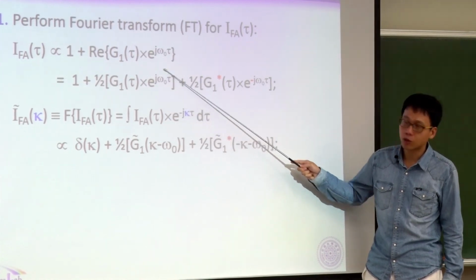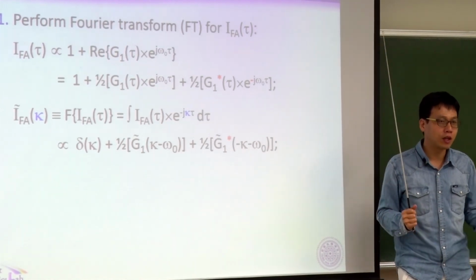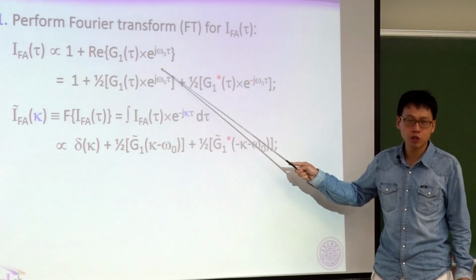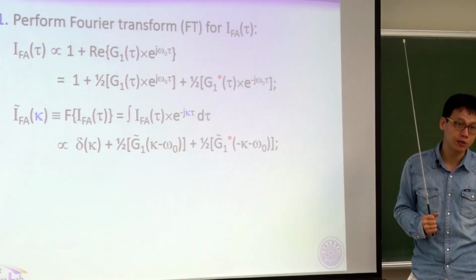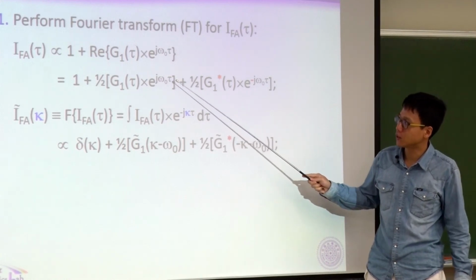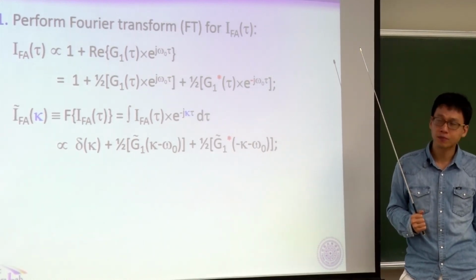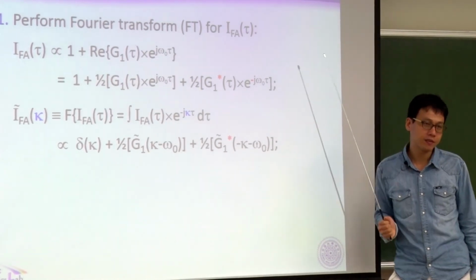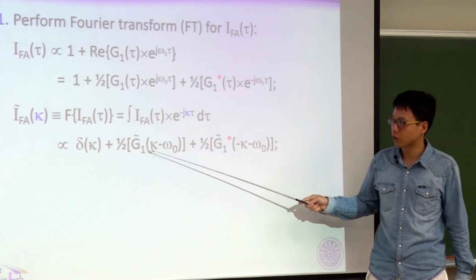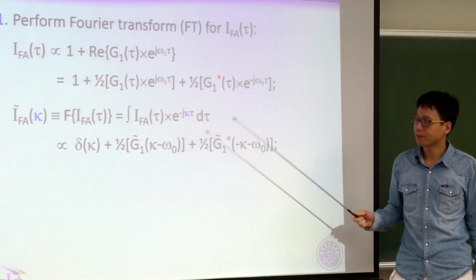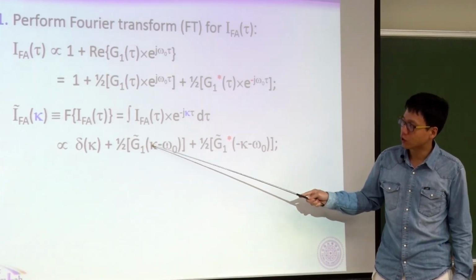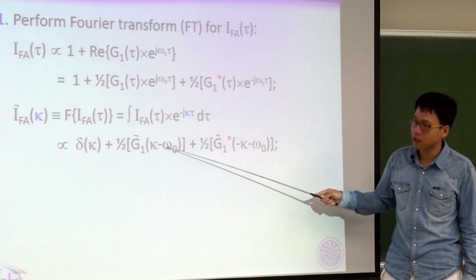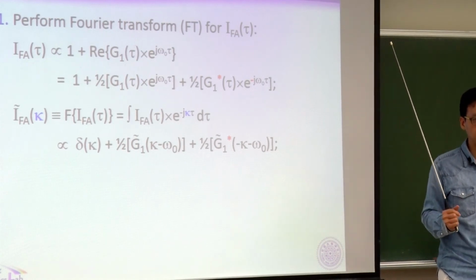G1 times the carrier, after Fourier transform, you can apply the Fourier transform property: this term contributes a shift in the frequency domain by omega 0, the carrier frequency. So G1 becomes G1 tilde, where the tilde illustrates it's in the frequency domain. Originally it's just G1 tilde of kappa, but because of the carrier term, it becomes G1 tilde of kappa minus omega 0, a shift of omega 0.